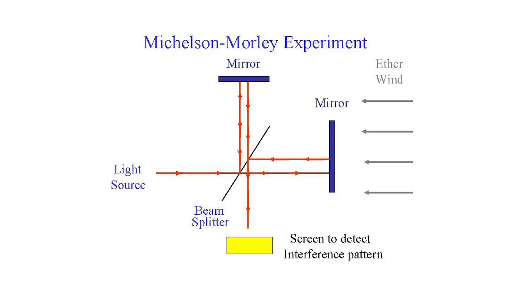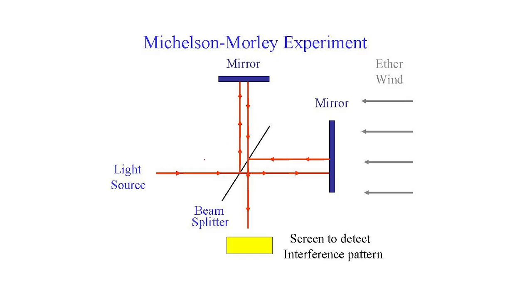It splits in two parts. One moves perpendicular to the path and the other moves parallel to the path, and they are reflected back from the mirrors and join over here, and this is the detector that tells us whether the light beams reflected from both the mirrors reach this point at the same time, or there is a difference of time.